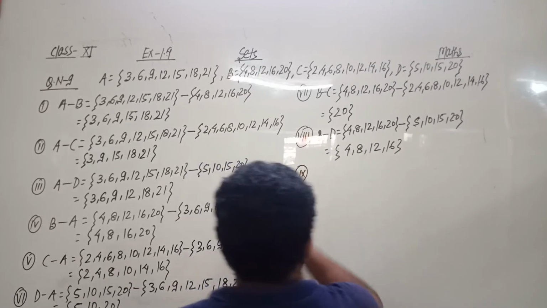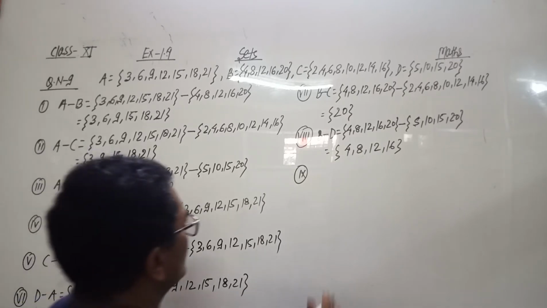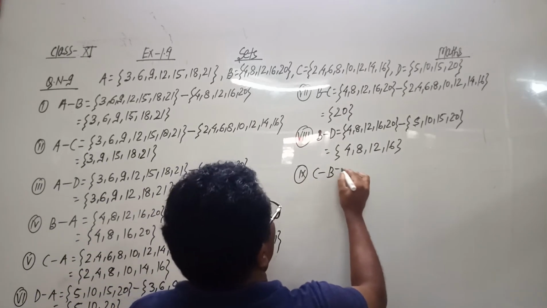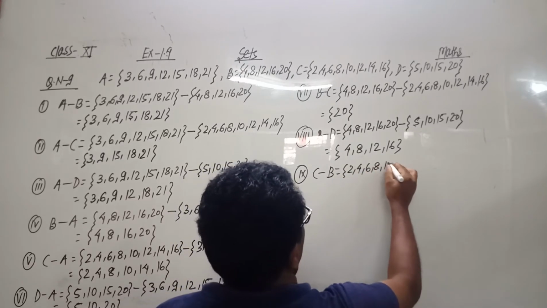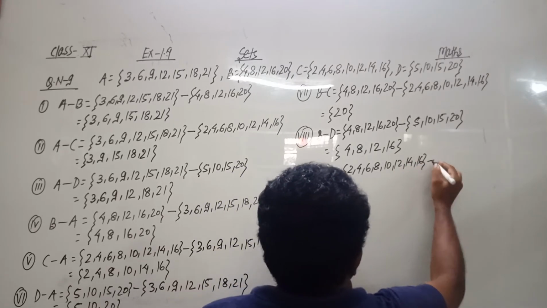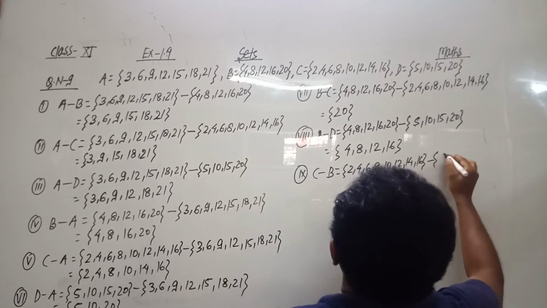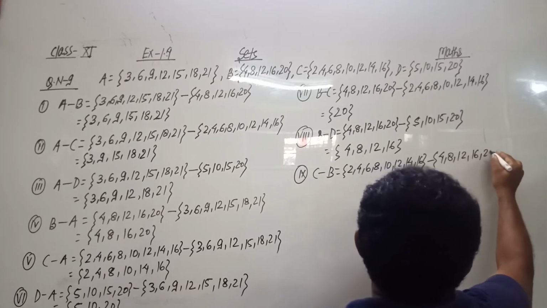Then part 9, C minus B. The elements of set C: 2, 4, 6, 8, 10, 12, 14, 16, minus B: 4, 8, 12, 16 and 20.